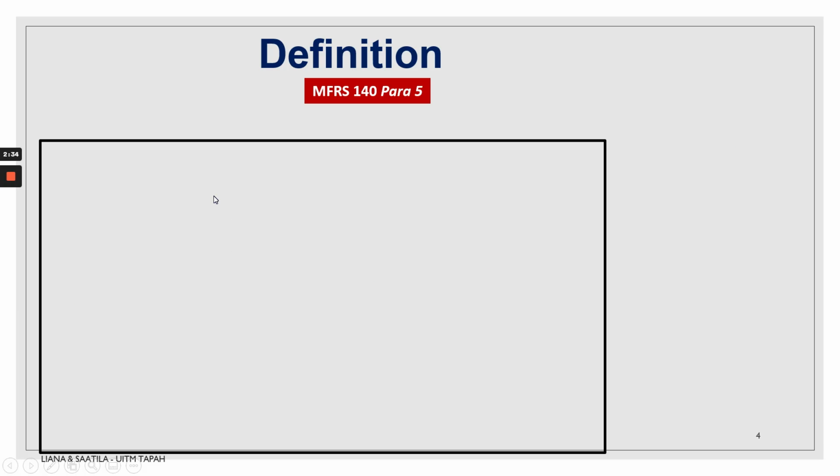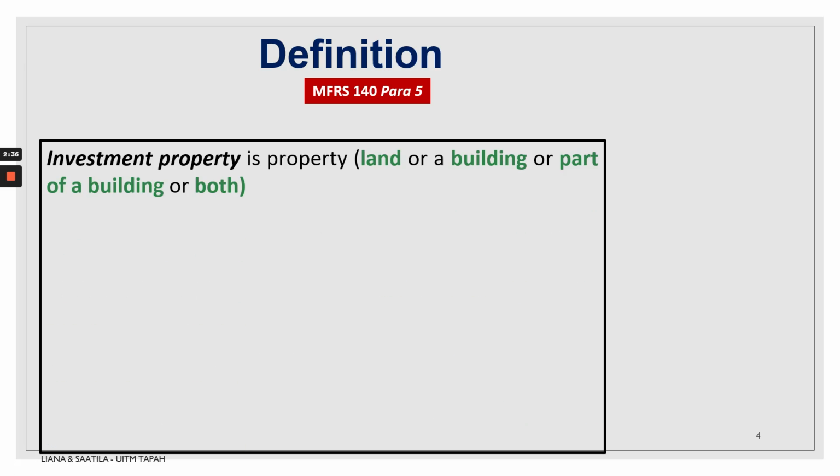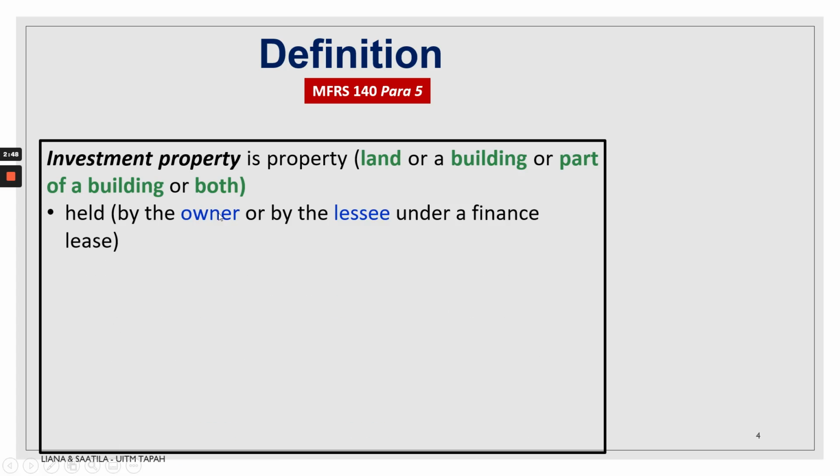So shall we look at the definition? The investment property is a property which can be land or a building or part of a building or both. Both here refers to both land and building that are held by the owner or by the lessee, which is through finance lease.